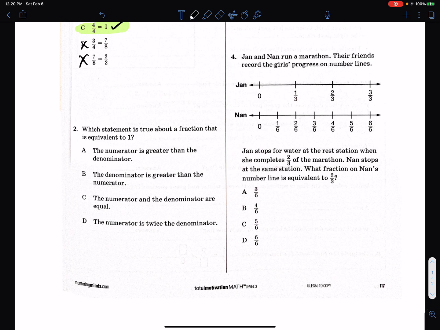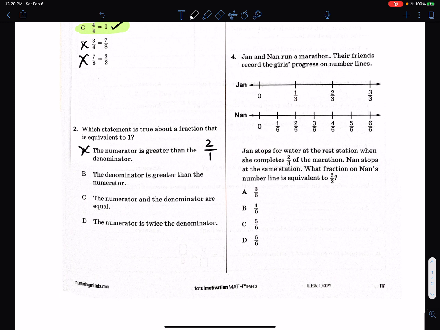So I want to be able to picture these. So I'm just going to take a basic fraction. So for letter A, the numerator is greater than the denominator. So that means the numerator is going to have to be bigger than my denominator. So let's just take 2/1. Is that equal to 1? No.